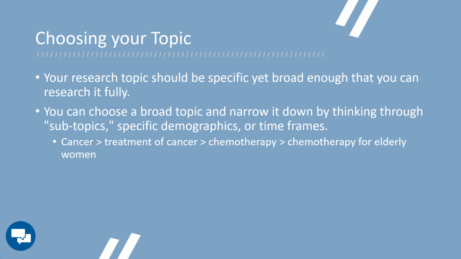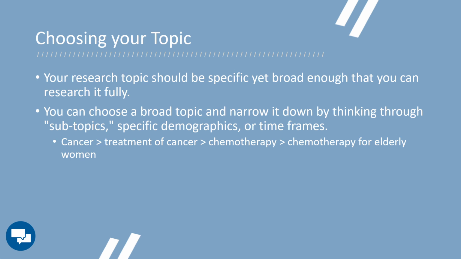For example, if you're interested in doing some research on cancer, cancer itself is a very large topic, something that many books are written about. So if you have a 5 to 7 page paper, it's probably too large of a topic for that paper. You might think about what areas of cancer interest you.